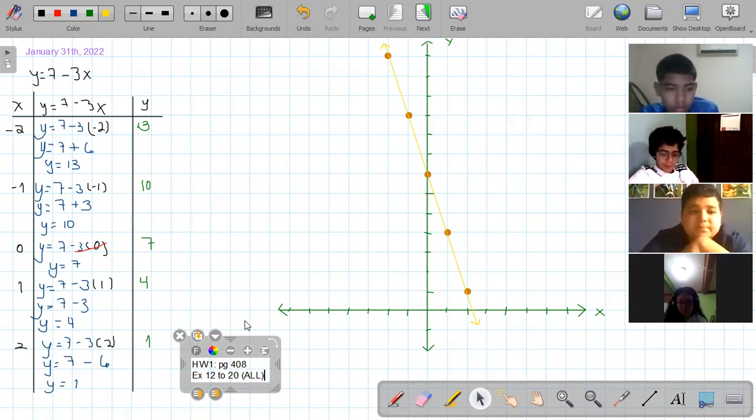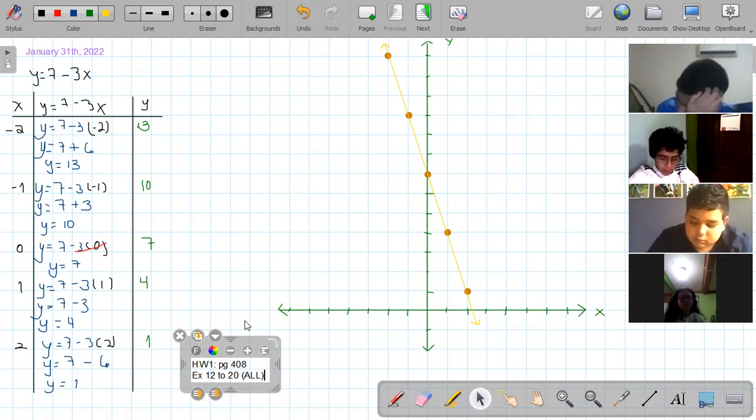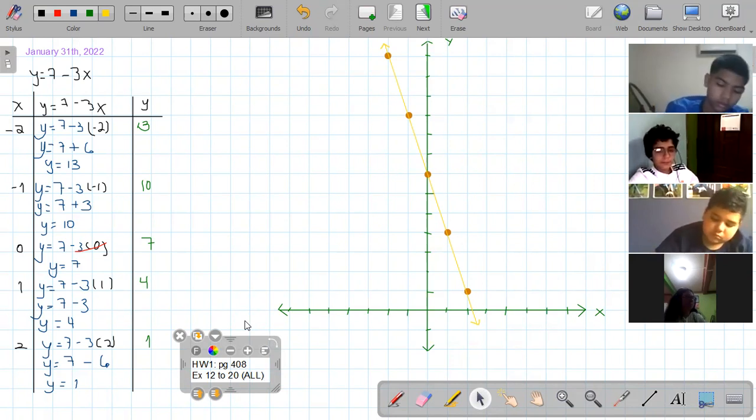And instructions in the book say, graph each linear equation. And then it's making you a question. Is the equation a function? Okay, so first you graph using this method, and then it tells you, is it a function?